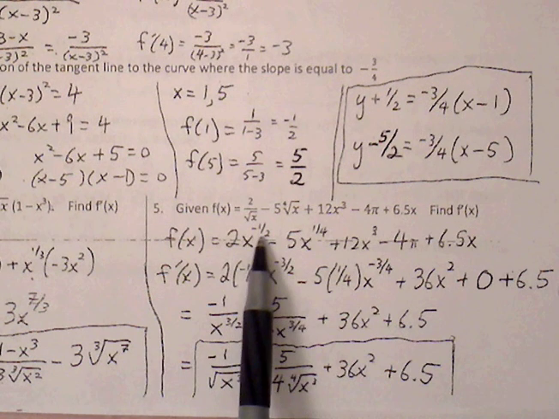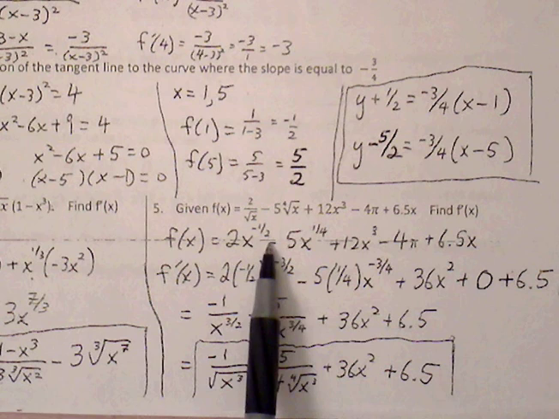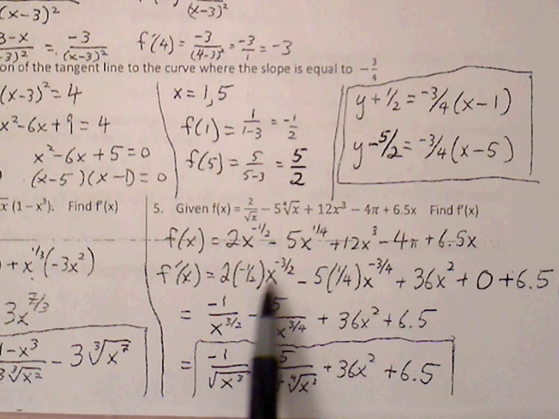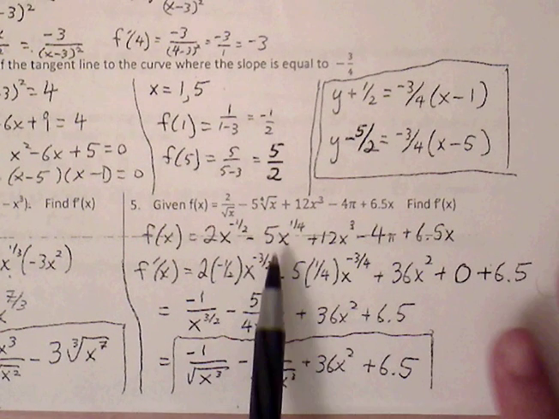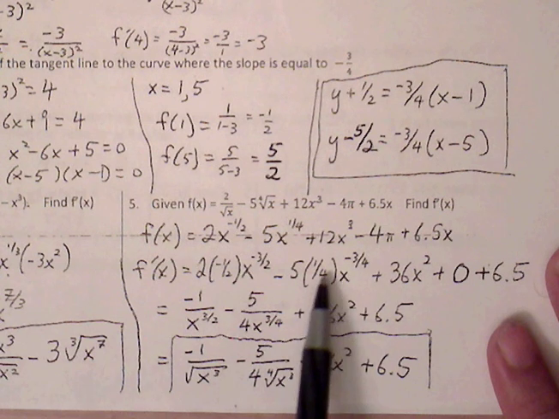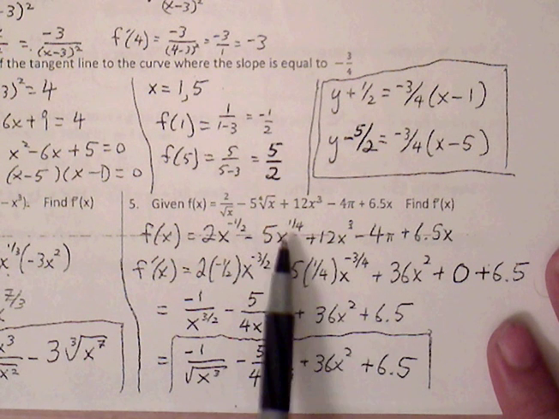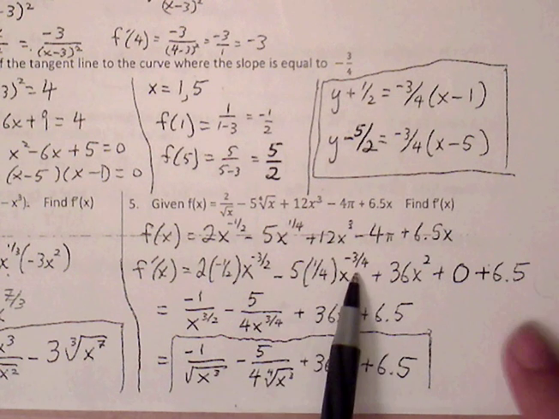Subtract 1 from the original exponent, so negative 1/2 minus 1 is the same thing as negative 1/2 minus 2 over 2, which is negative 3/2. Okay. Next term, bring down the 1/4, so 5 times 1/4, x to the negative 3/4, so subtract 1 from the 1/4. 1/4 minus 4 over 4 is negative 3/4.